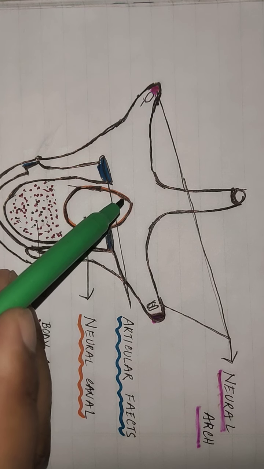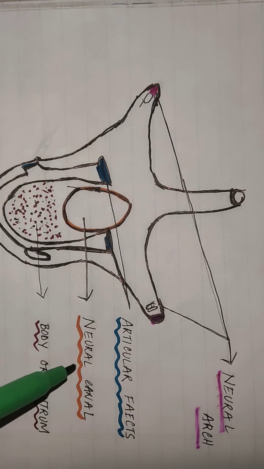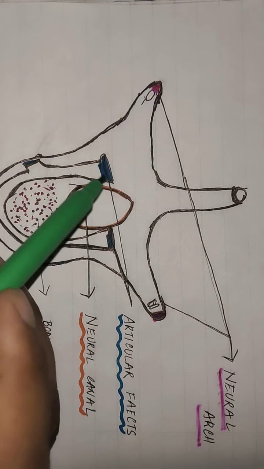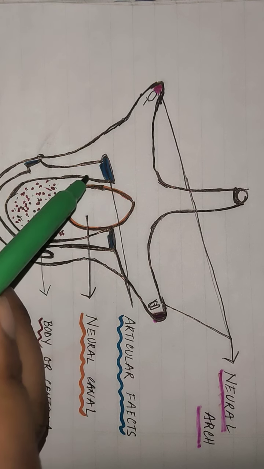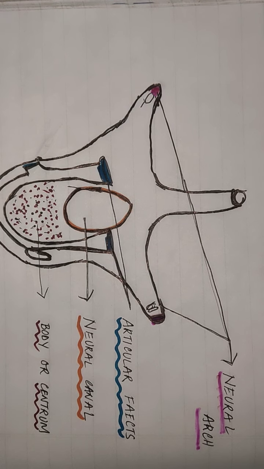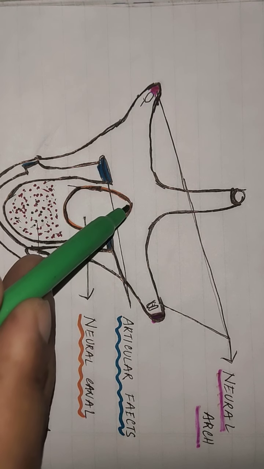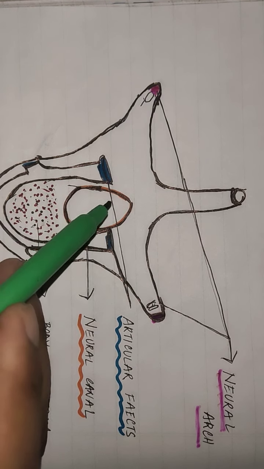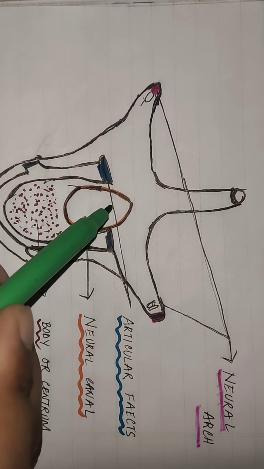This is known as the neural canal. The main function of this neural canal, or small pore, is to allow the spinal cord to pass through.